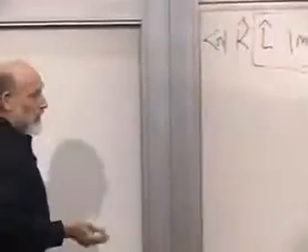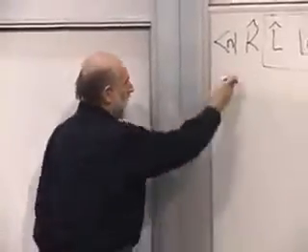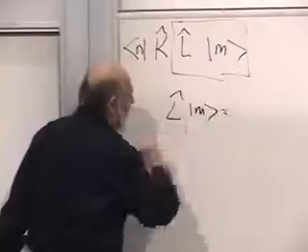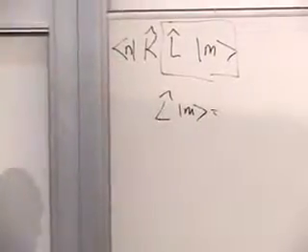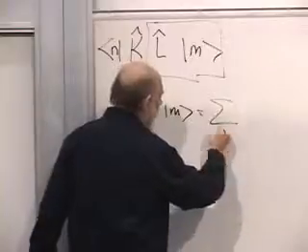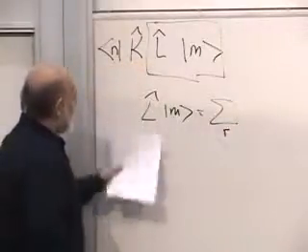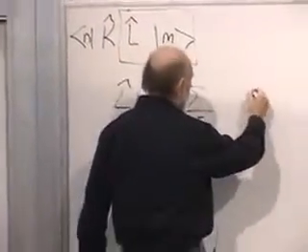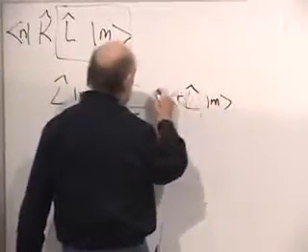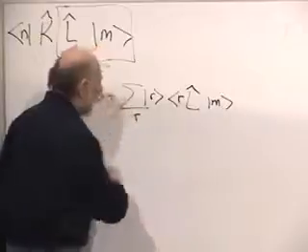Let's write that in another way. Let's write L times m as the sum over yet another index. I need a summation index now, so let's call that summation index r. We take L times m, we take its inner product with r, and then we multiply it by the vector r.